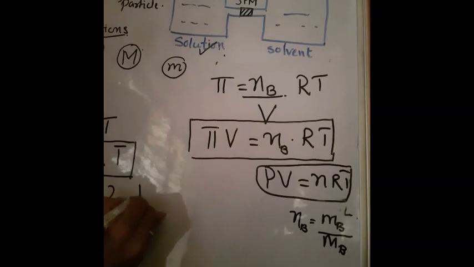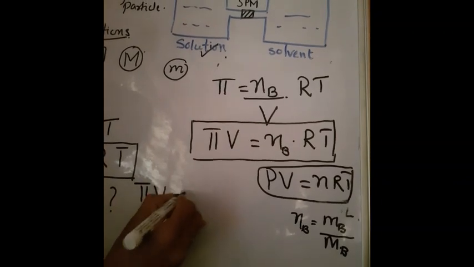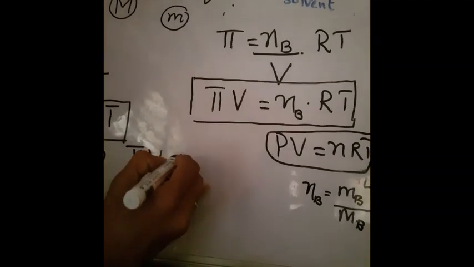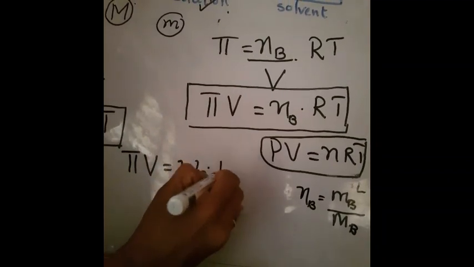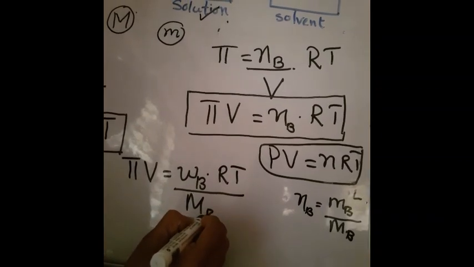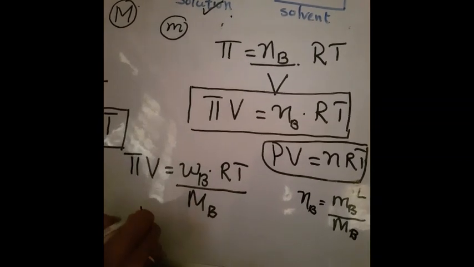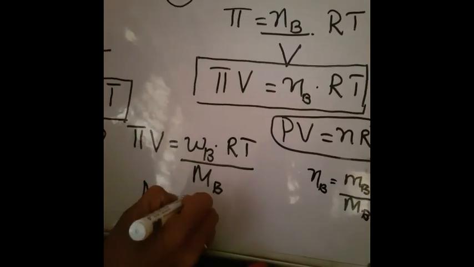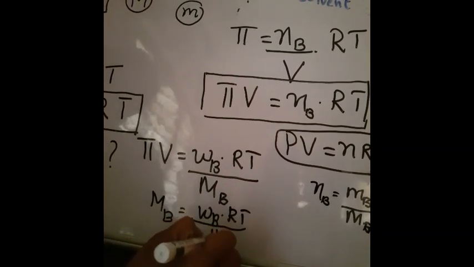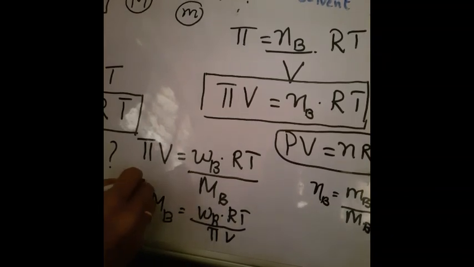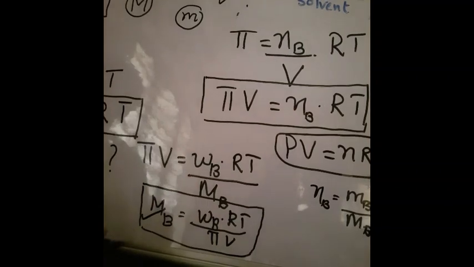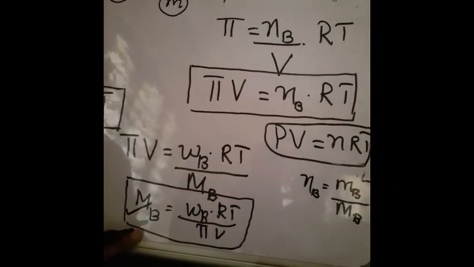Now, putting this equation here, pi V is equal to WB into RT by capital MB, or MB is equal to WB RT by pi into V. So, by this equation we can calculate the molar mass of the solute.